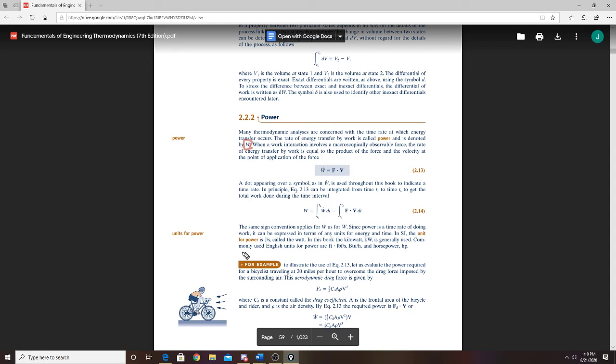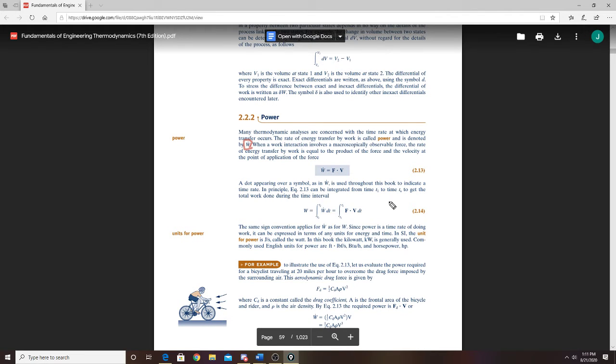And it says a dot appearing over the symbol, as in W dot, is used throughout the book to indicate a time rate. So for example, if there is no time rate, then there is no dot. But in this instance, we are talking about a dot. And then it says, in principle, equation 2.13 can be integrated from time 1 to time 2, the next time, to get the total work done in that time interval.